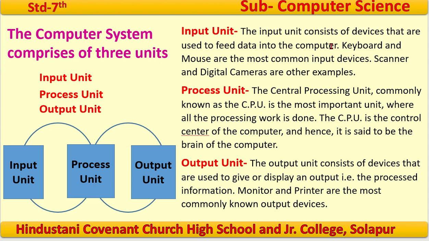What is the main use of an input device? To feed in the data, to type the data into the computer. Keyboard and mouse are the most common input devices. As we all know, the keyboard is used for typing and the mouse is used for moving and giving instructions. So both devices give instructions to the computer, so they are input devices.